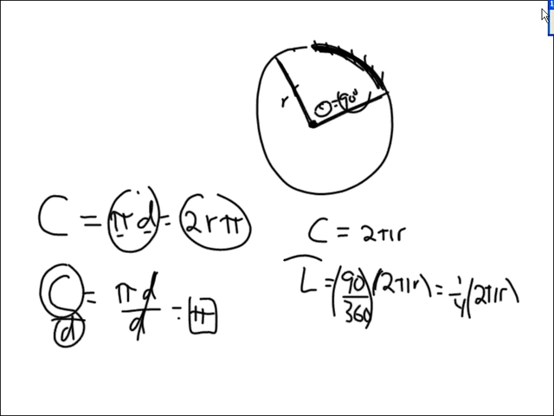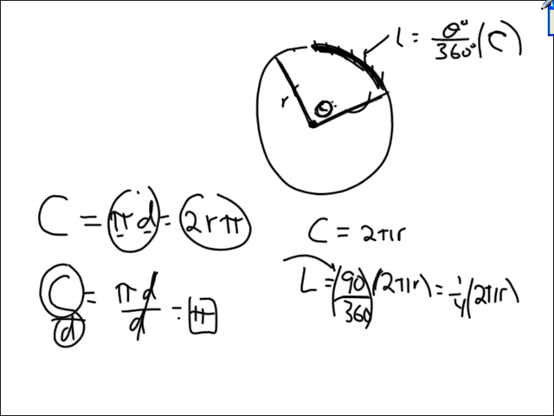We take this angle and divide it by 360. If I just call it theta, then the arc length will be theta degrees divided by 360 degrees times the circumference, 2 pi r, or pi d, but we take a portion of it.